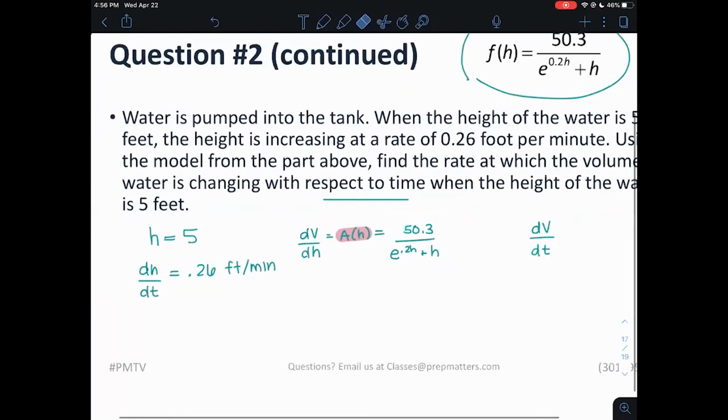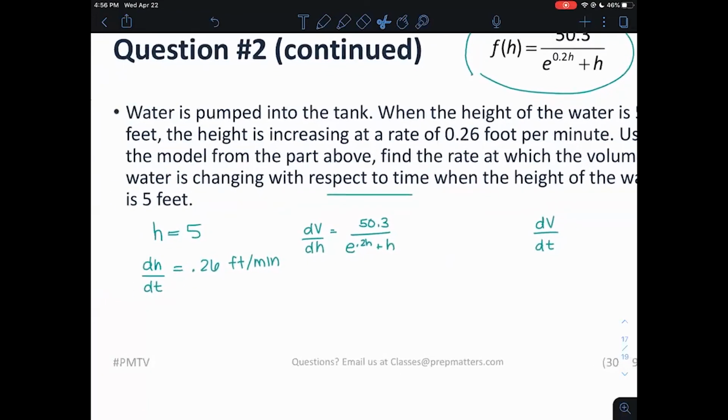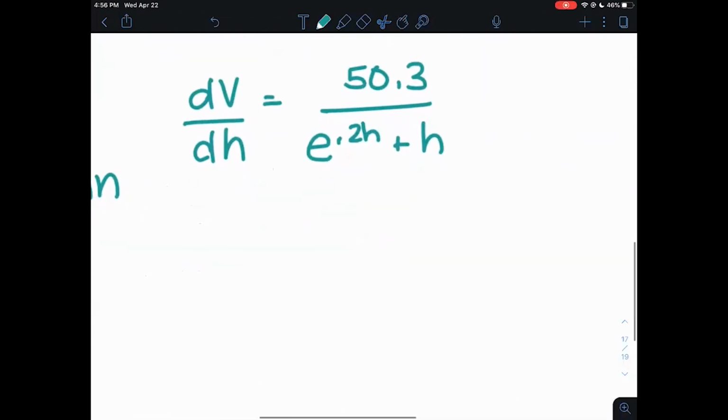So I'm going to take out this middleman here. We don't even care about that. And say, great, now I know that my derivative of volume with respect to height is equal to this function. That's almost what I want, almost. I just want one little tiny manipulation, and I want the rate of change of volume with respect to time.